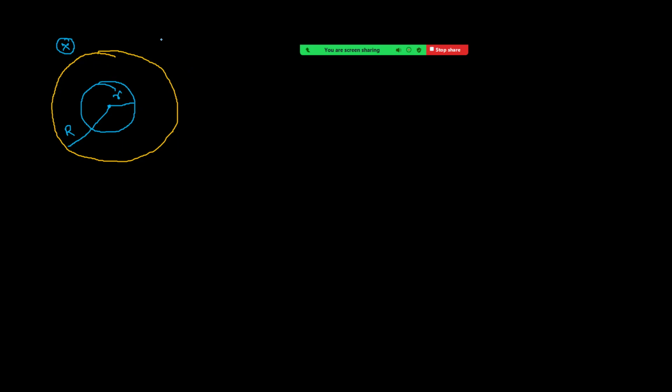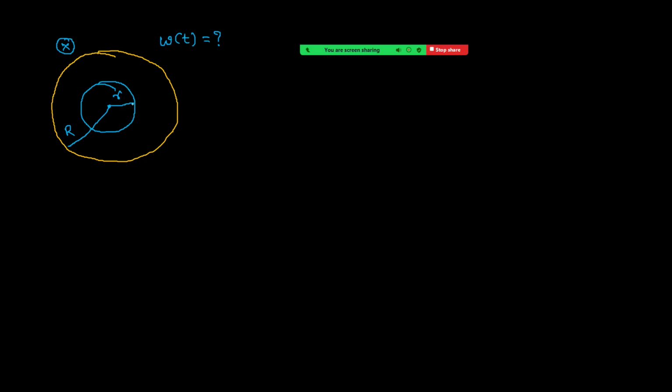Now we have to find omega as a function of time. That means there must be a torque because of which the ring starts rotating. Okay, right. So we have learned that because of a time varying magnetic field, an electric field is induced, right? And we have seen that the electric field lines are concentric circles.